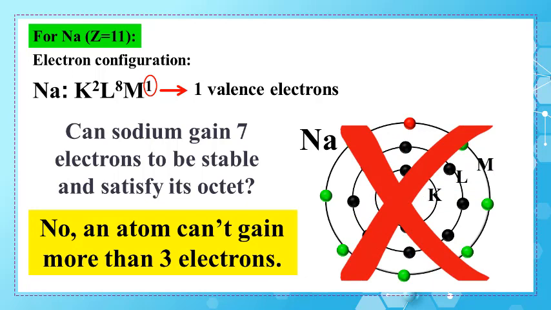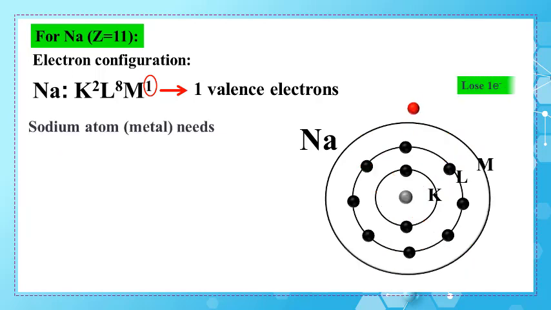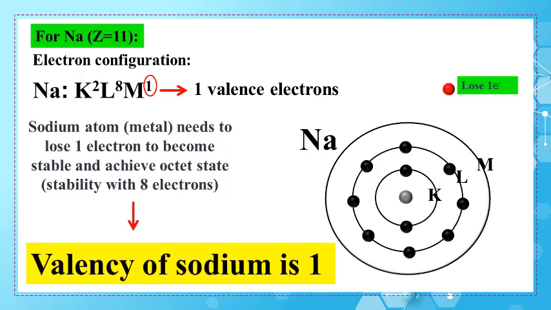An atom cannot gain more than 3 electrons. Thus, the sodium atom, which is a metal, needs to lose 1 electron to become stable and achieve the octet rule, which is stability with 8 electrons. Thus, the valency of sodium is 1.